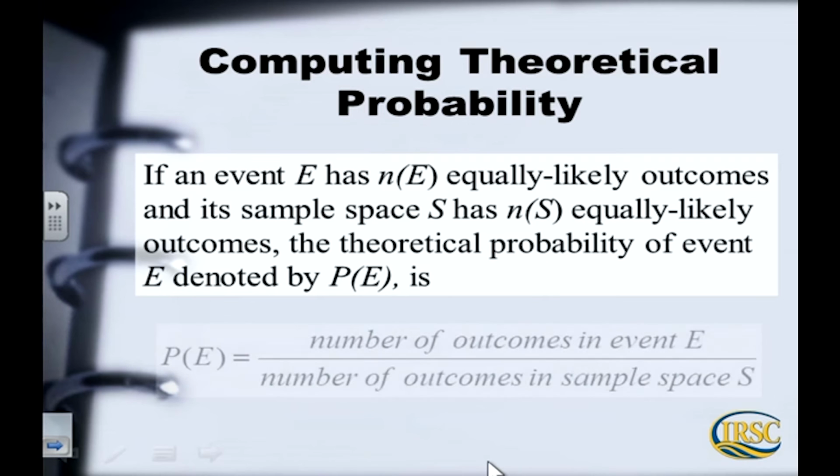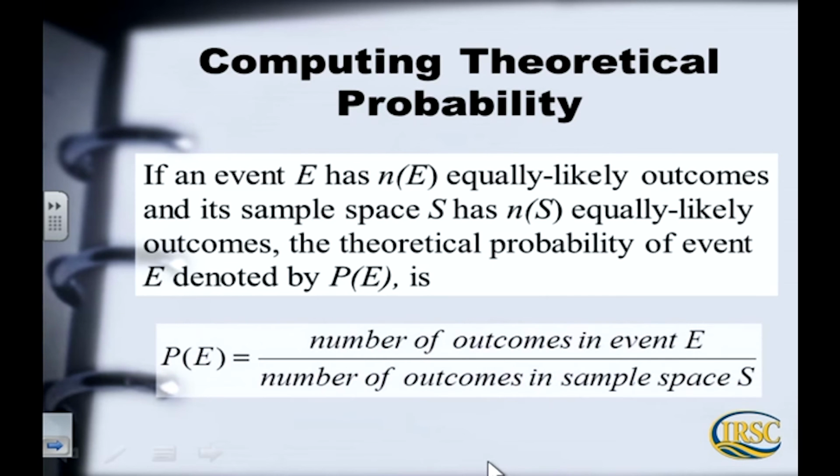Then your formula that you need to fill into your handout is the probability, P of E, the probability of E equals, you're going to create a fraction. The numerator should have the number of outcomes in the event E, or in other words, the number of ways that E can happen, over the number of outcomes in the sample space. Or you can also think about it as the number of total possible things that can happen.